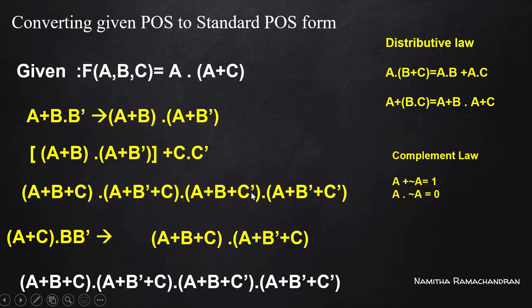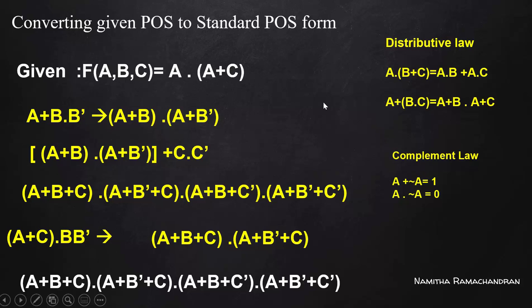A plus B plus C complement, write as it is, and again A plus B complement plus C complement. So this is our standard POS form, which is derived from this given minimized form.